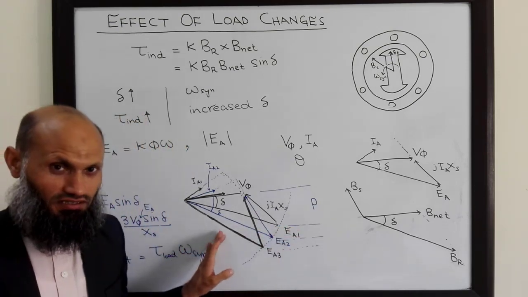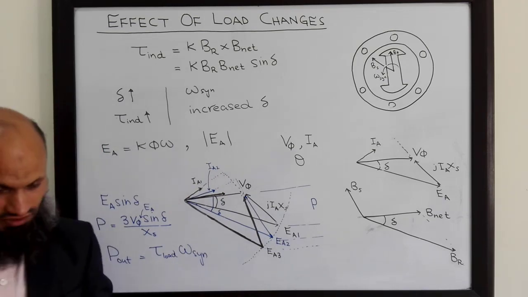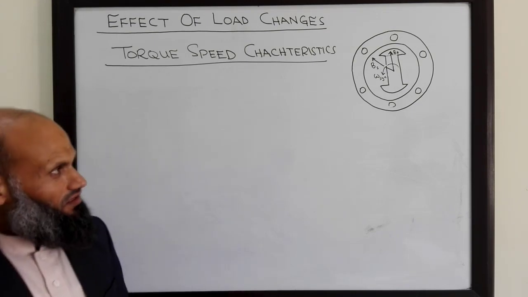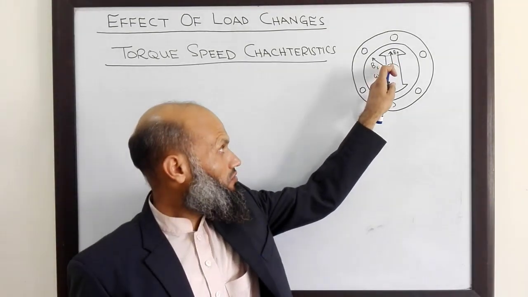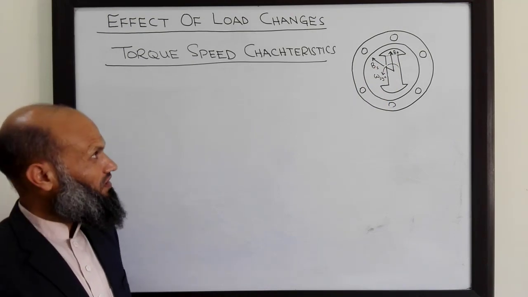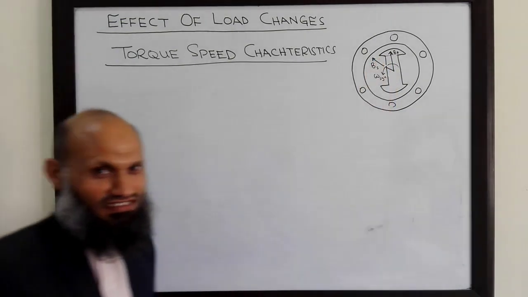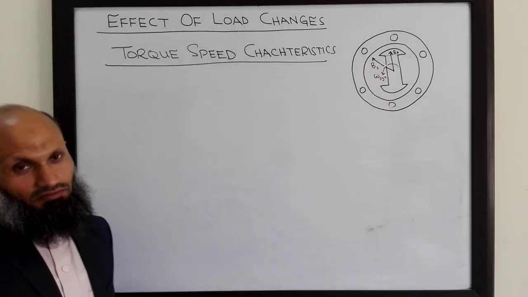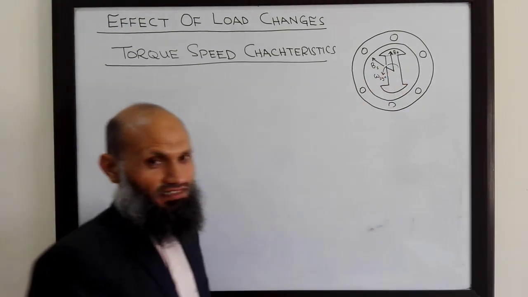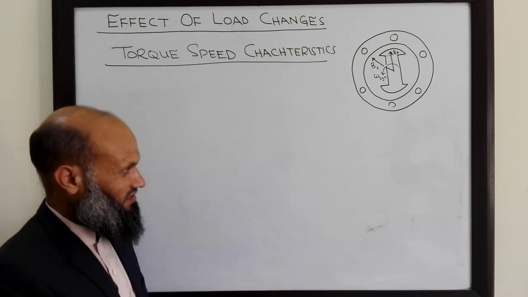With this discussion, we can also talk about the torque speed characteristics of the synchronous motor. What we have observed is that if we change the load connected to the shaft of this synchronous motor, after transients, the rotor again gains the synchronous speed. That means the speed of the rotor is independent of the connected load and always remains constant.